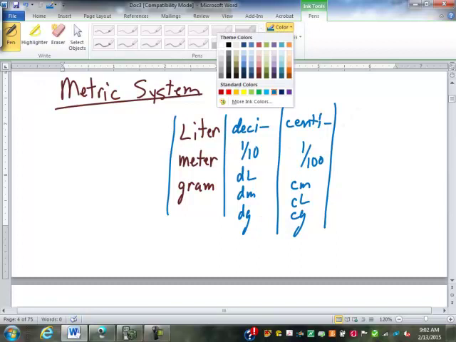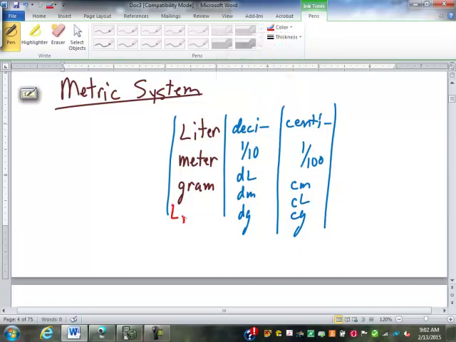A little side note, by the way, the abbreviations here, of course: liter is L, meter is M, and gram is G. When I was growing up, we were always taught to use a capital L for liter. The reason was that on the old typewriters, I'm dating myself a little bit, the small L and the 1 looked identical. So if you had 2 liters, you didn't want somebody wondering, is that 21 or 2 liters?